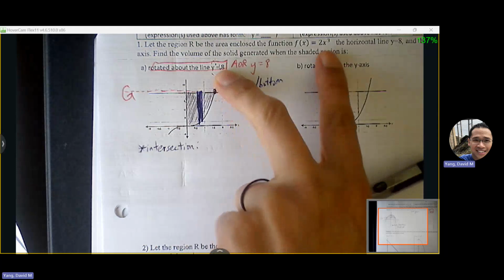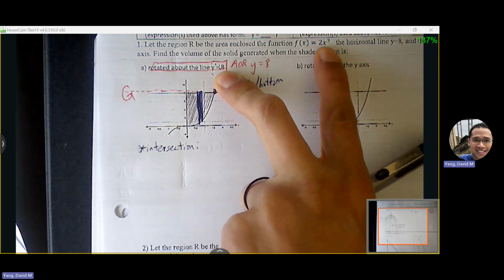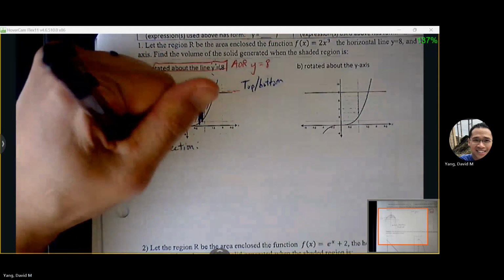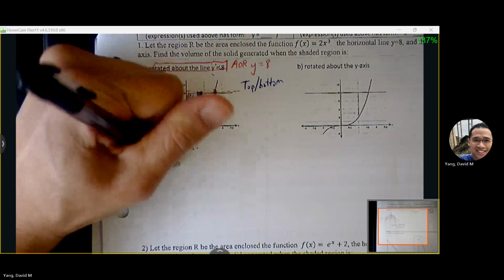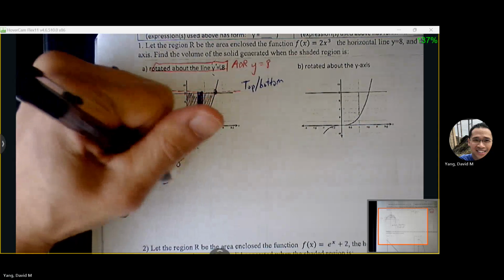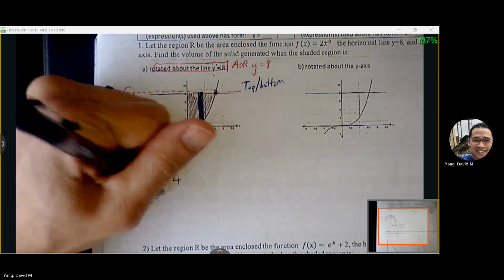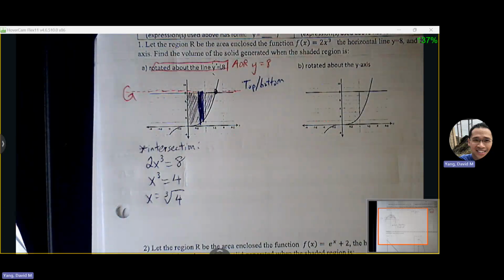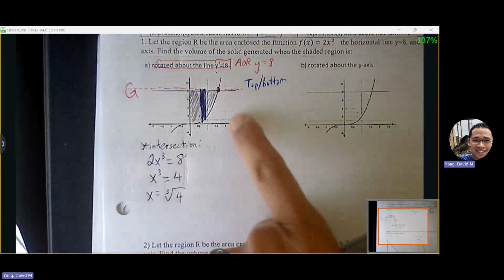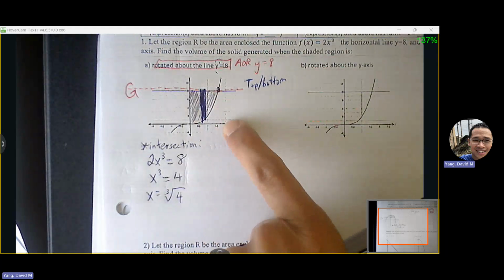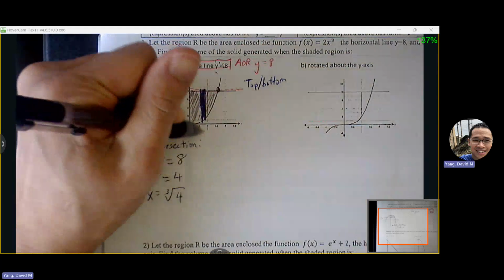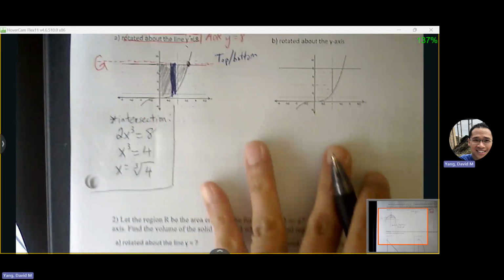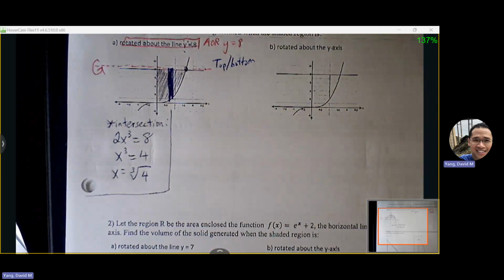So we'll just set these equal to each other and solve for x. I ended up not having a nice integer value, but cube root of 4 is where that right endpoint of the shaded region is. So we'll need to use that when we get to our integral.